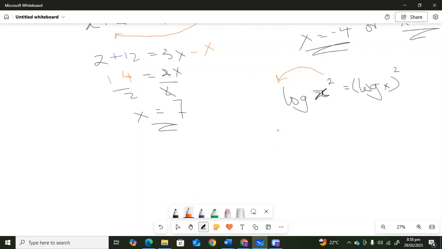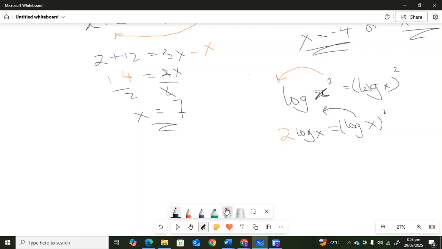So we're going to have now 2 log x equals log x, squared. Okay, so what we need to do next is bring this over the equal sign.